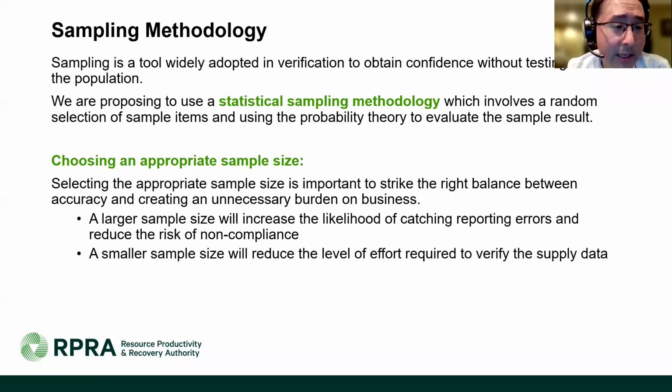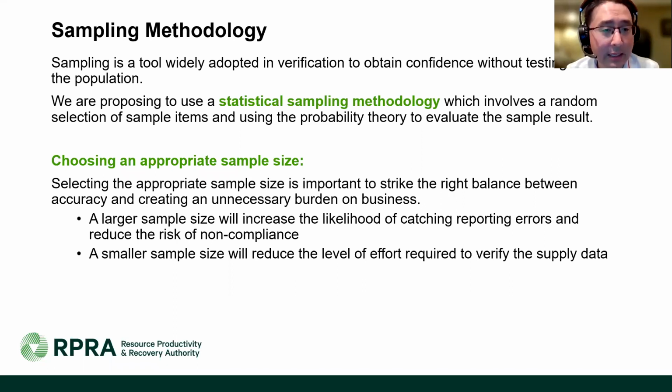For sure, a lower confidence level or a smaller sample size will reduce the level of effort required to verify the supply data. However, a producer may want to consider a larger sample size and a higher confidence level because it will increase the likelihood of catching reporting errors and reduce the risk of non-compliance if one day RPRA decides to do an inspection on your supply data.